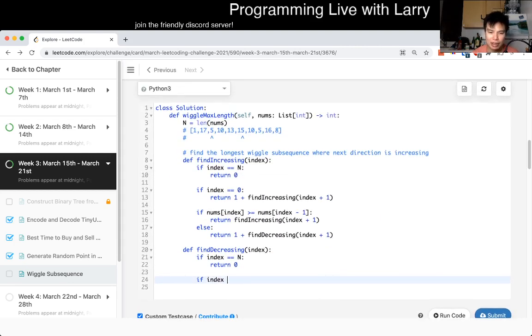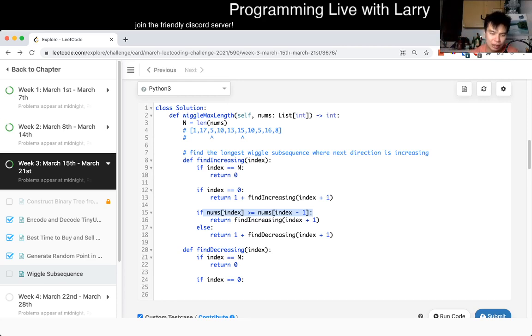And the reason here is that if the current number is bigger than or equal to the previous number, then the idea to think about is that now you're compressing them into one, and you're not counting the extra one.